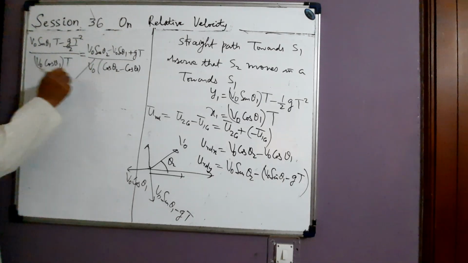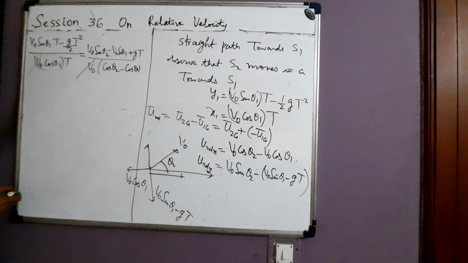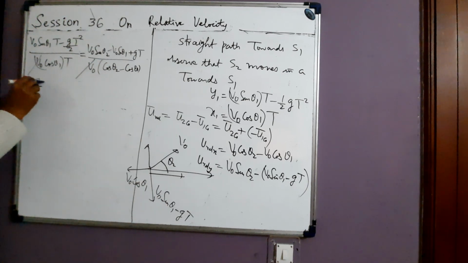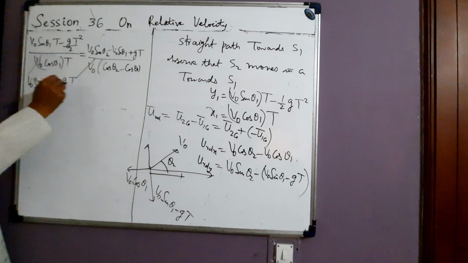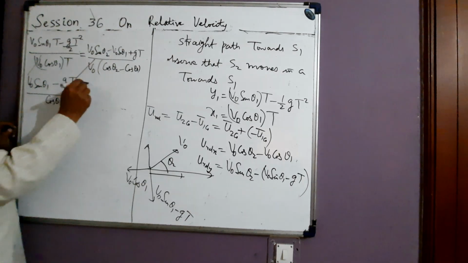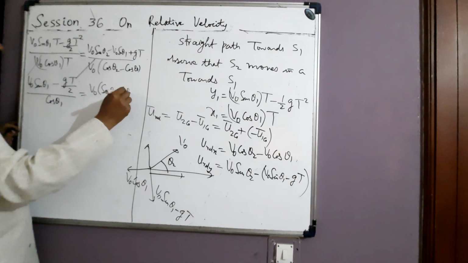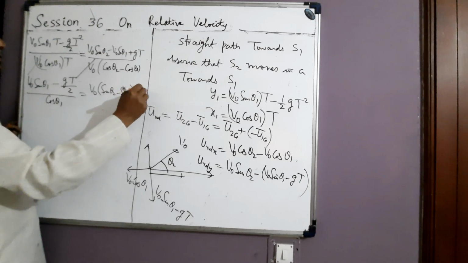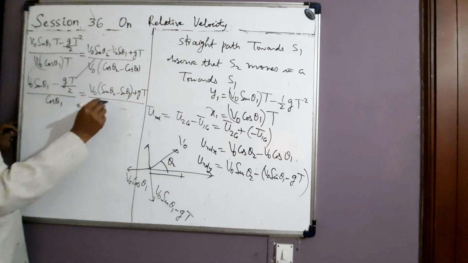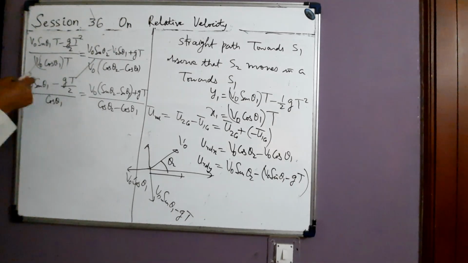On simplifying, this V naught goes away. One capital T will go away here, common. Minus gt by 2 by cos theta 1, capital T cancels. V naught into sin theta 2 minus sin theta 1 plus gt by cos theta 2 minus what? Cos theta 1. Now cross multiply this.